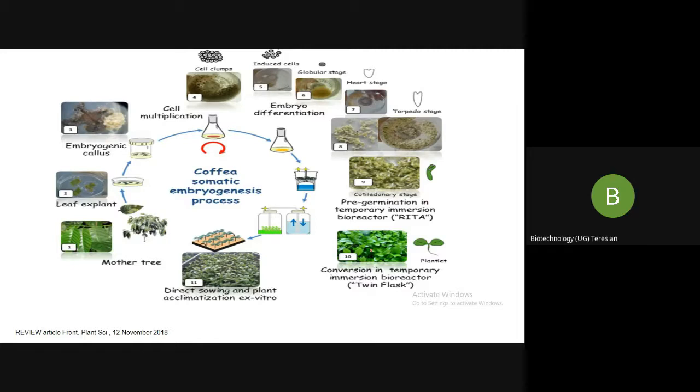And apart from them, we saw the various applications of the synthetic seed, and how synthetic seed is produced. Also we saw that using sodium alginate and calcium chloride, they form calcium alginate beads.